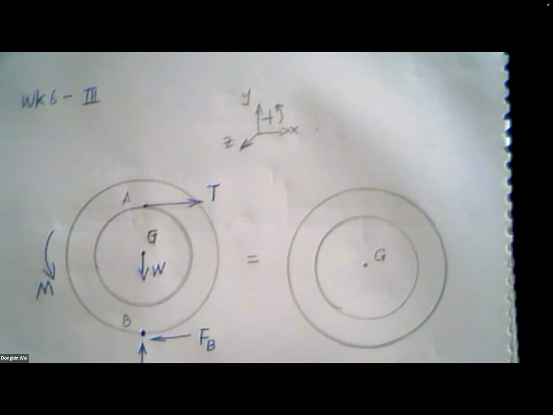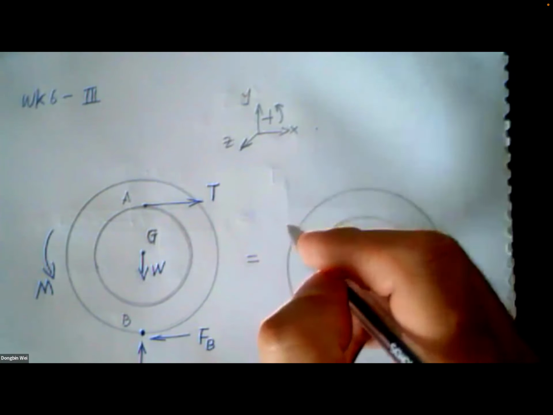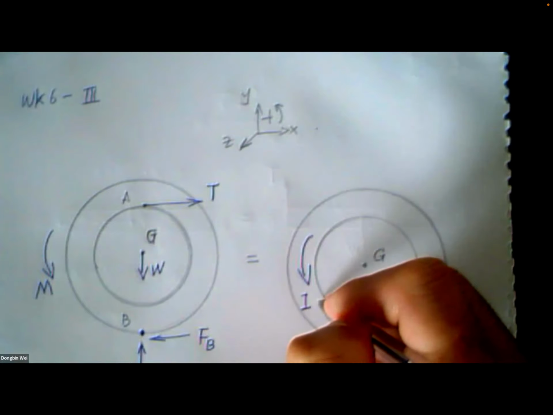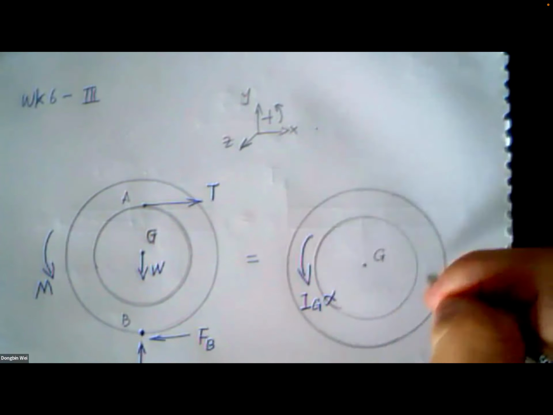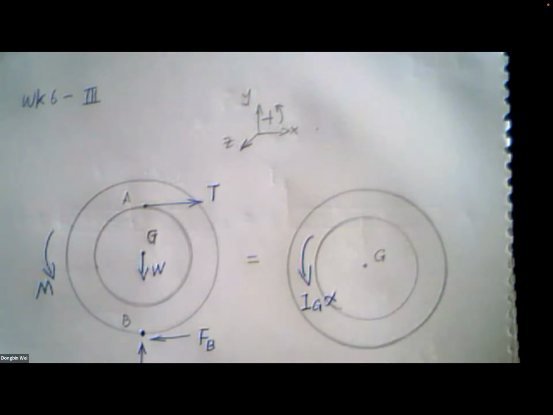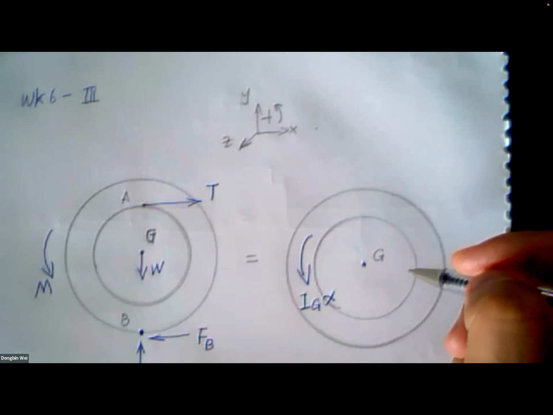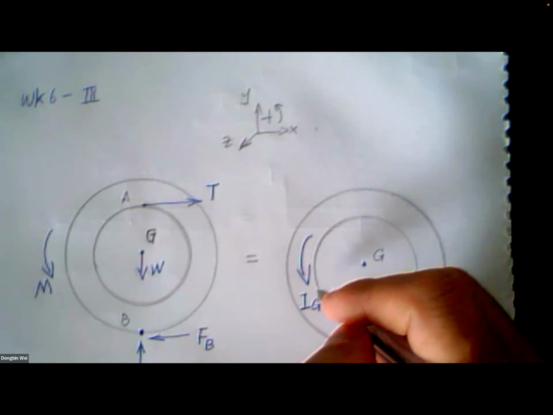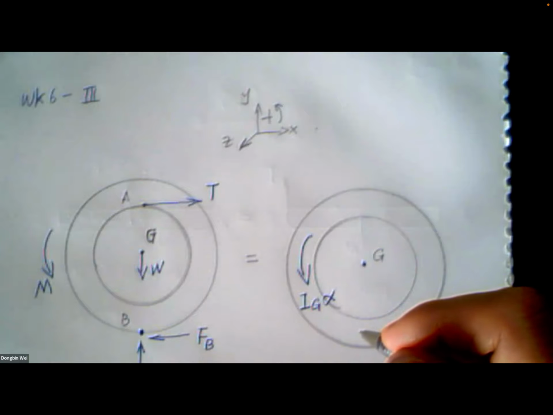Firstly, we can indicate alpha. We can assume alpha positive, positive counterclockwise. But how about the acceleration at point G? This time, AG and alpha are not independent. Why?